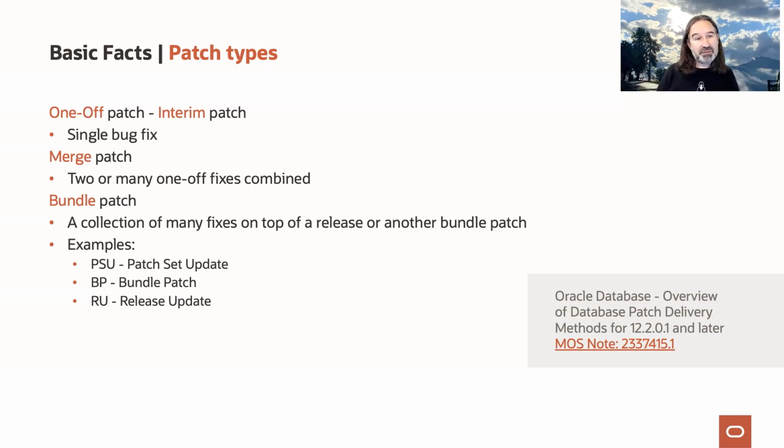A merge patch means two or more single patches, one-off patches, put together, combined. And a bundle patch: now we have a lot, like 100 or 1,000, and we put them together, and this is then a bundle patch. Bundle patch examples in the old days were PSU and bundle patch, or nowadays release update, or not even on the slide because I'm not a fan of them, release update revisions.